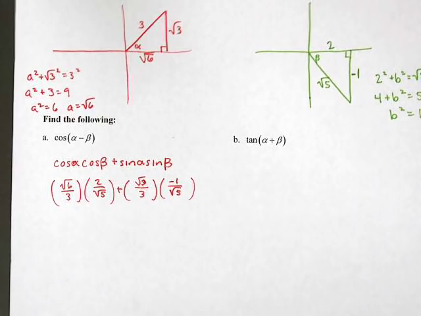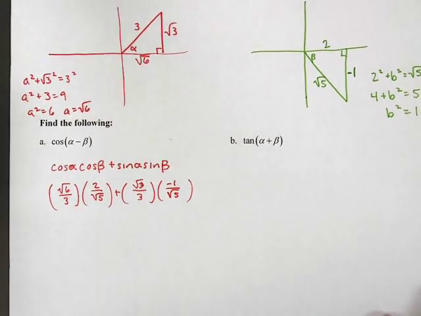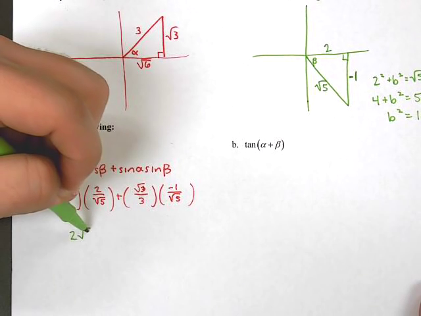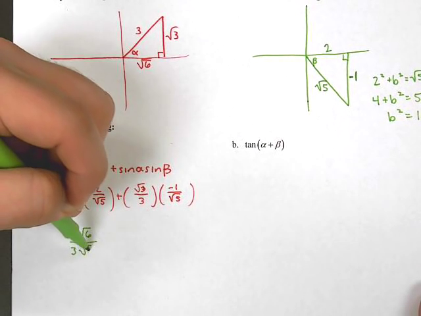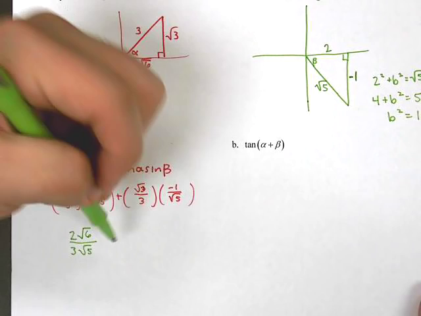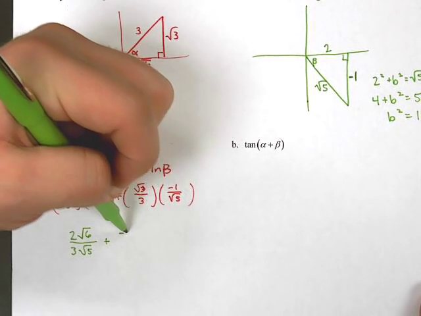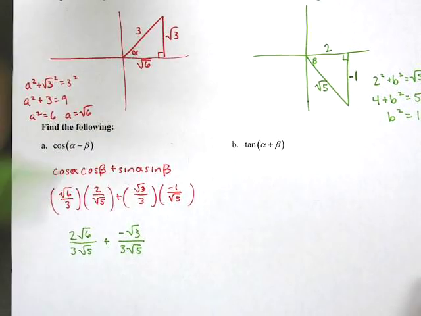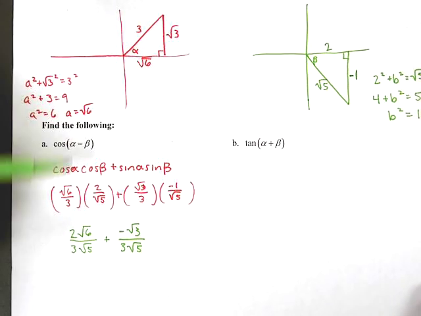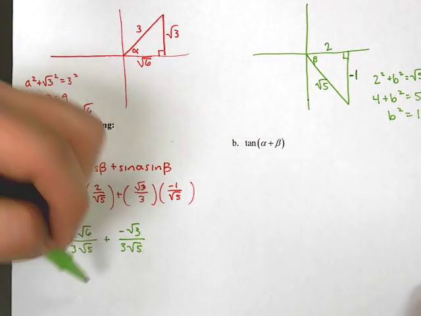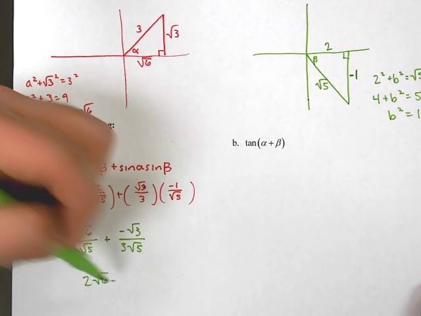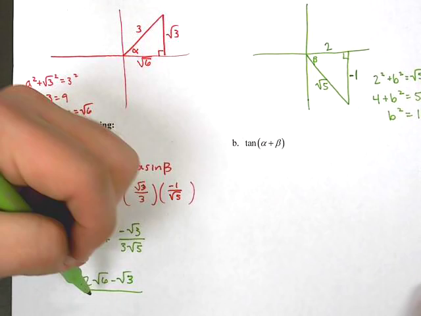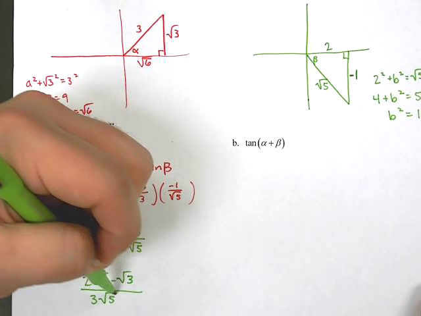So when we start to clean this up, we have 2 square root 6 over 3 root 5. We also have a negative root 3 over 3 square root 5. And when I clean this up, 2 square root 6 minus square root 3 all over 3 square root 5.